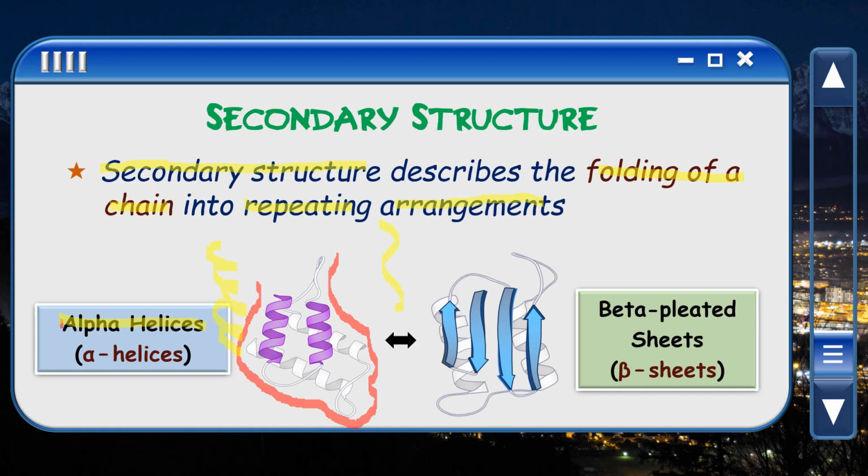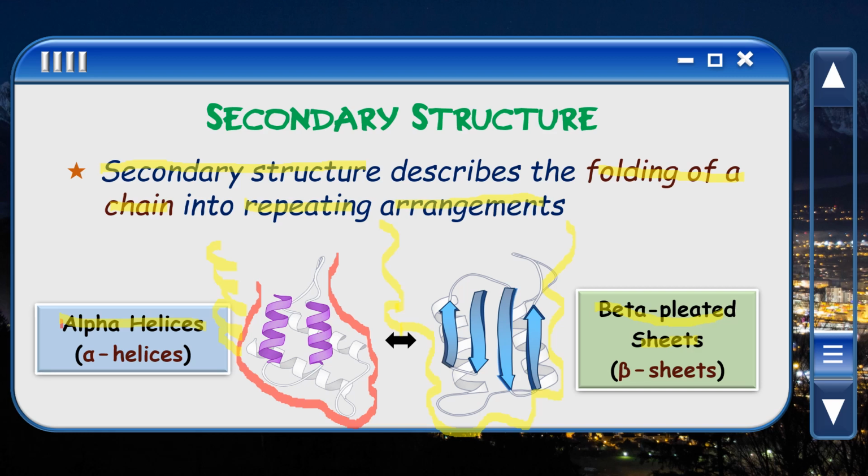The beta pleated sheet. These ones come and they are twisting. They are folding, but twisting around. If you look at this one here, it twists and then it twists, the way even the arrows are showing you. That one is what we are referring to as the beta pleated sheets, the beta sheets.